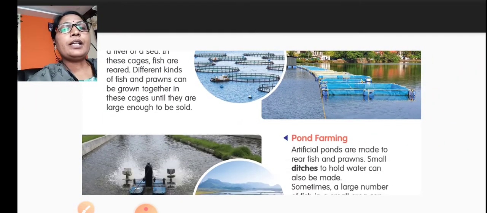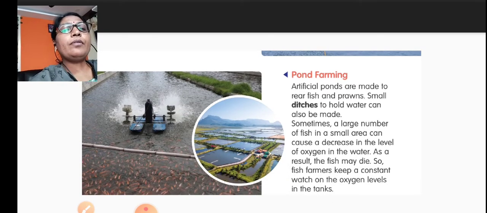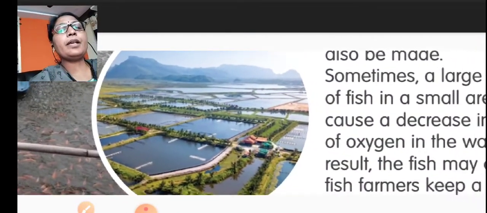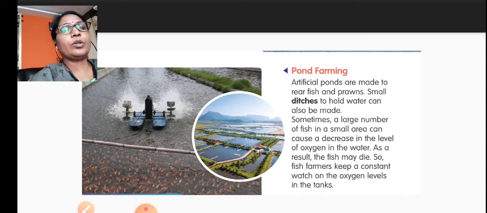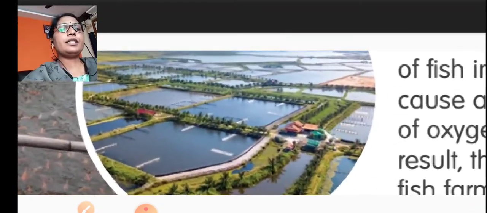Okay, another method is pond farming. In pond farming, small ditches are made by the farmers. They are not natural water bodies. Artificial ponds are made to rear the fishes and prawns. Like this, you can see the small ditches here.